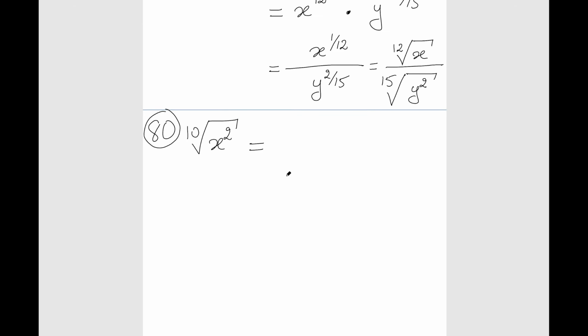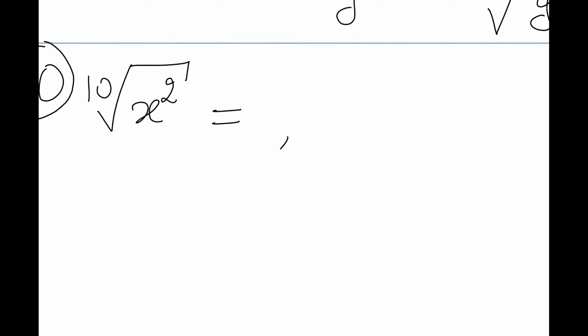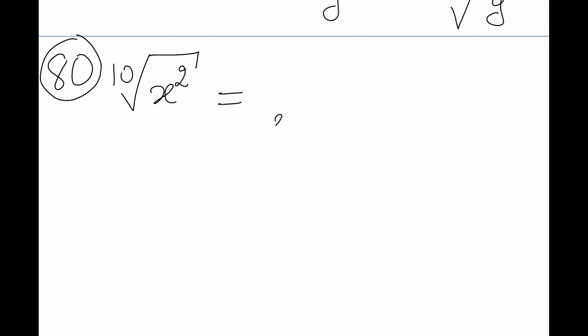This is the same as x to power 2 over 10. And 2 over 10 is 1/5. So this is x to power 1/5.